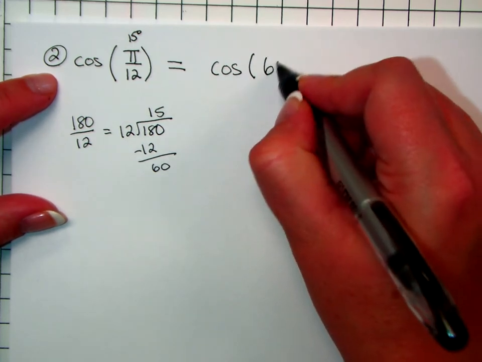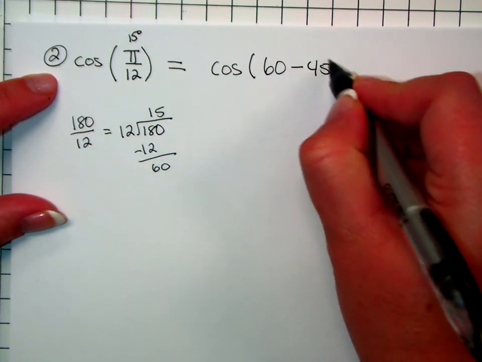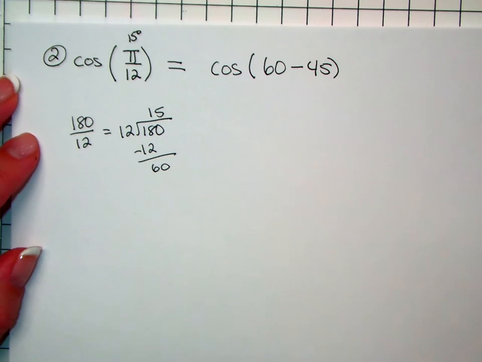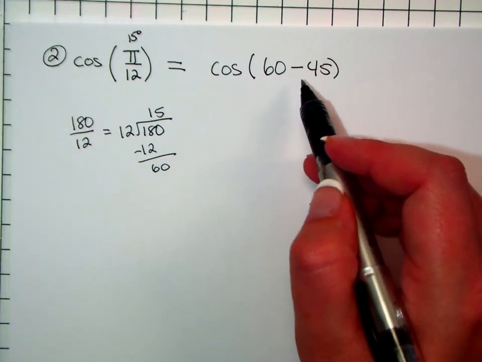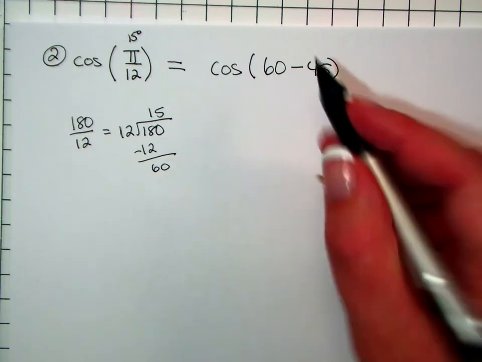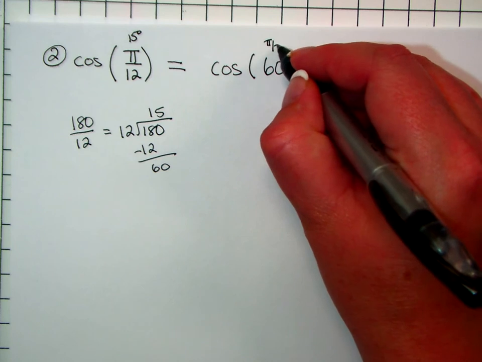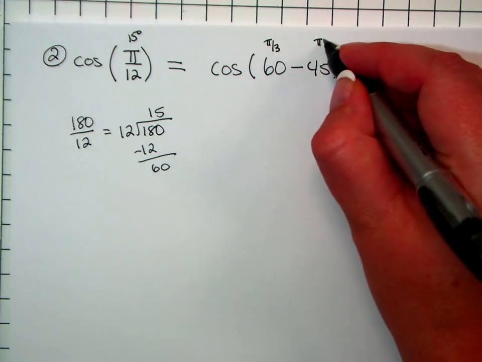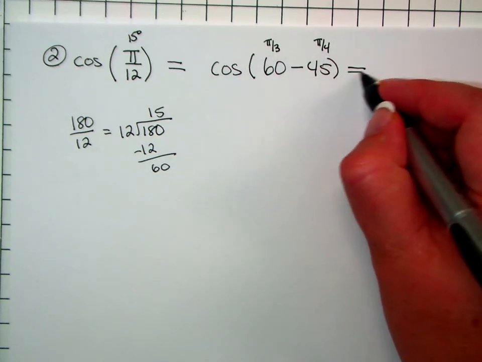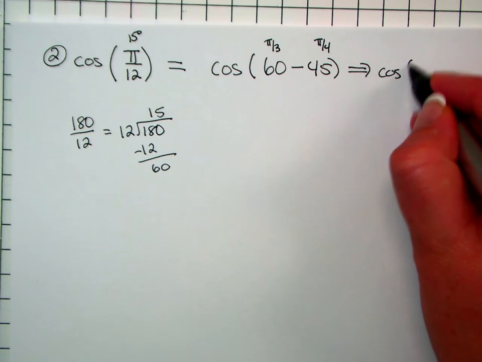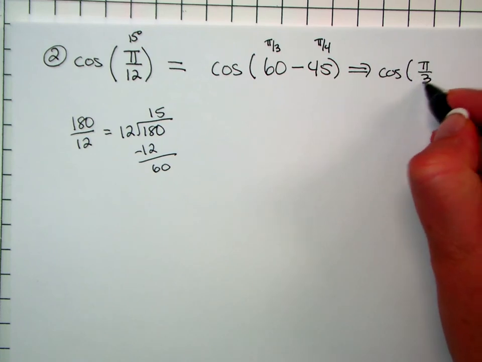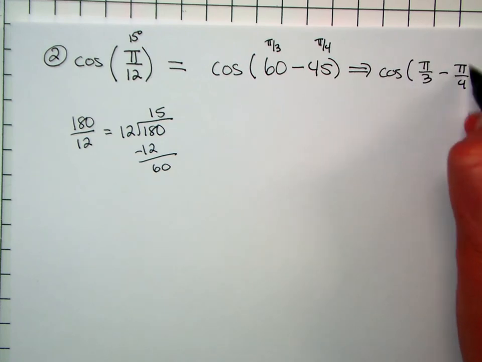Let's do 60 and 45. If you wanted to change this to radians now, you could, because 60 is pi over 3 and 45 is pi over 4. So this is really the same thing as cosine of pi over 3 minus pi over 4.